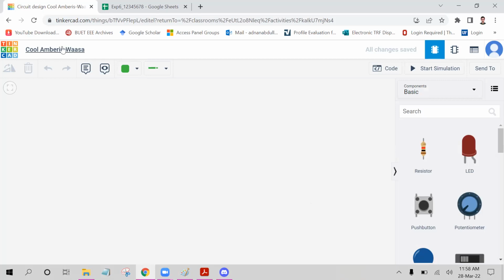First rename it EXP6 part 2 and then your 8-digit student ID. Okay, everyone, done.